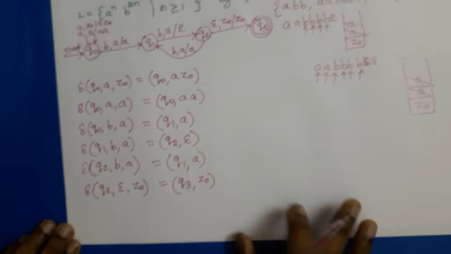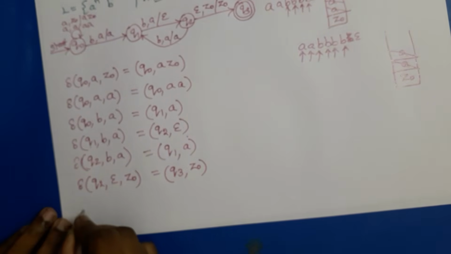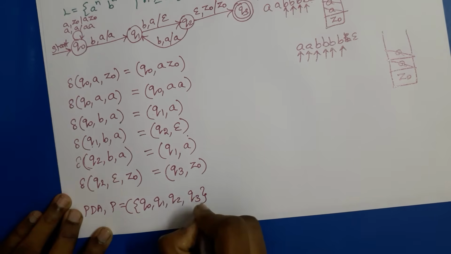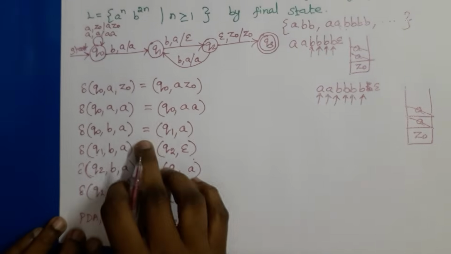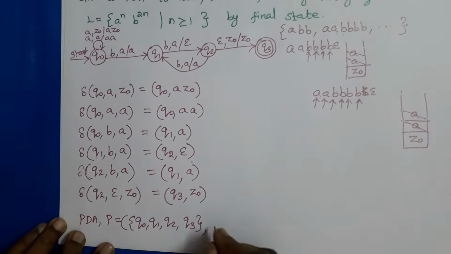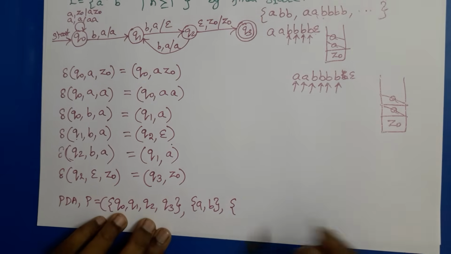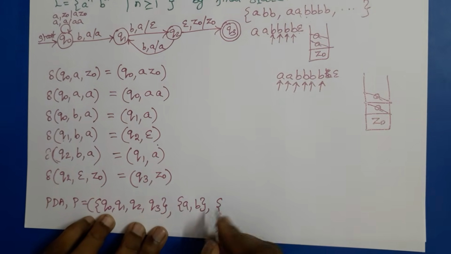Now we can write the 7-tuple notation. PDA P is equal to the set of states Q0, Q1, Q2, Q3, input symbols a, b, and stack symbols Z0 and a.